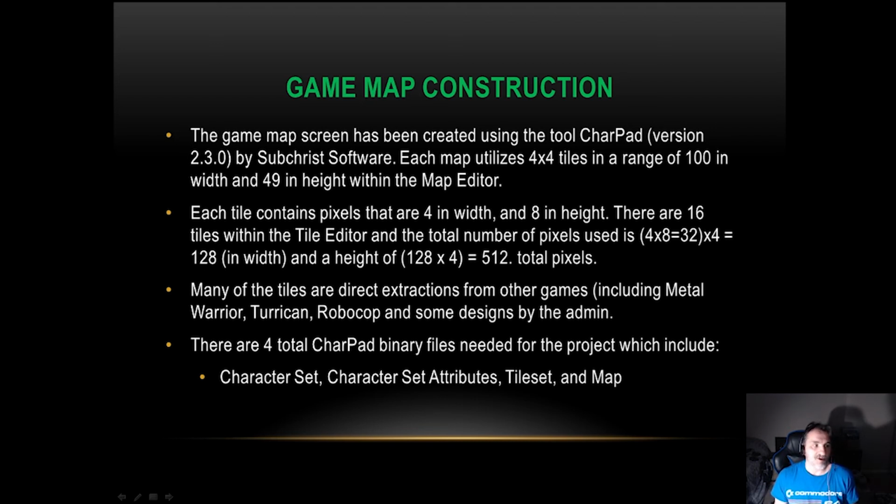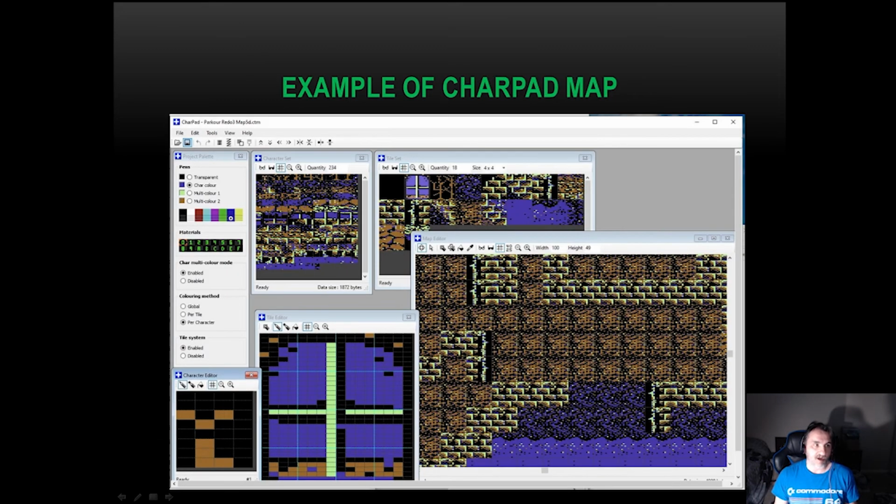There are 4 total CharPad binary files needed for the project, and this is a given for anybody who knows this. That's the character set, attributes, tile set, and the map. Important to know this, which you'll see about in those example videos, because if you exclude any one of these, you may lose your color, you may not get your map to show up, and so on. Here's an example of CharPad, and this is just an example of my map.